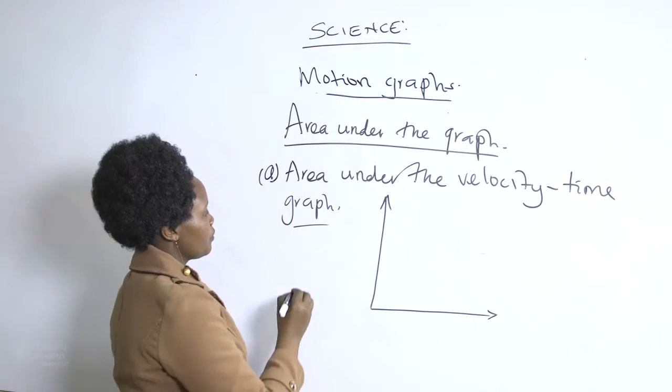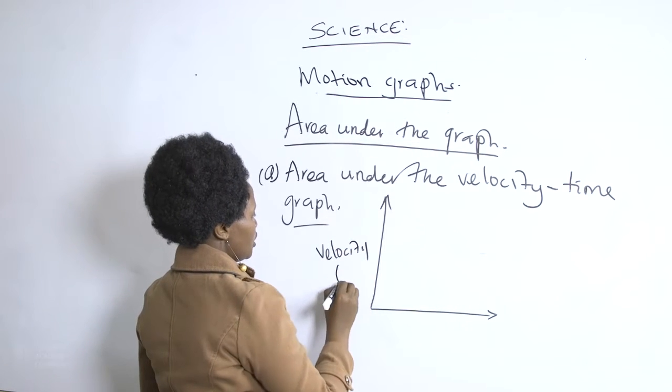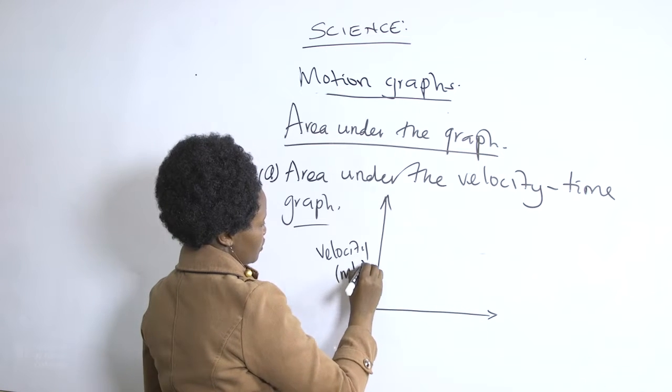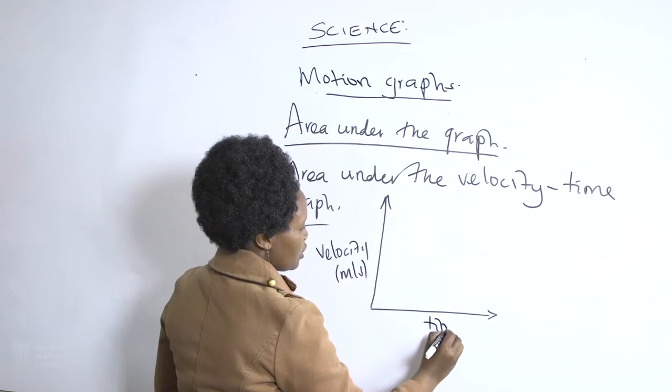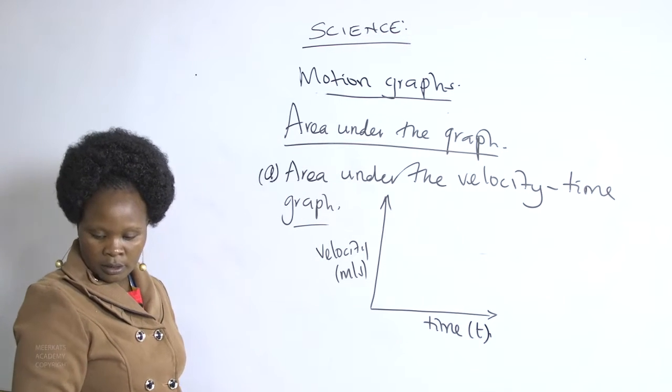diagrammatically. Let us assume that on the y-axis we have plotted velocity. Now on the x-axis we have the time taken.